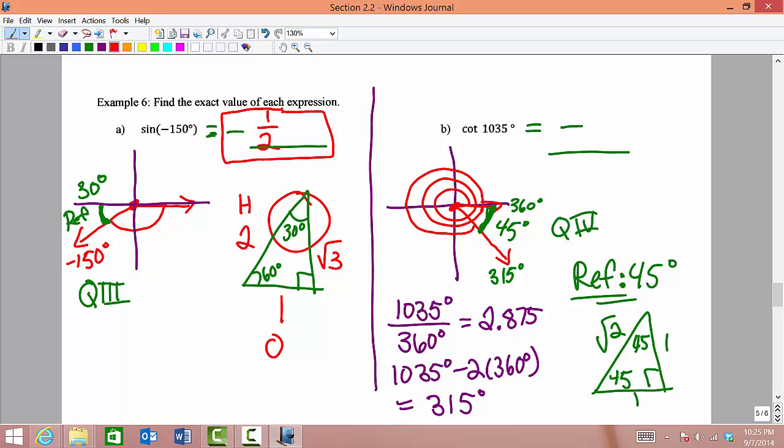So if I'm working from the perspective of my reference angle, 45, let's go ahead and label all of our sides here. We would have opposite, adjacent, and hypotenuse. And cotangent would be adjacent divided by opposite. That's 1 divided by 1, which of course just gives us 1. So the cotangent of 1035 degrees would be negative 1.